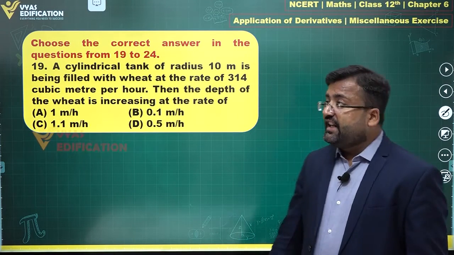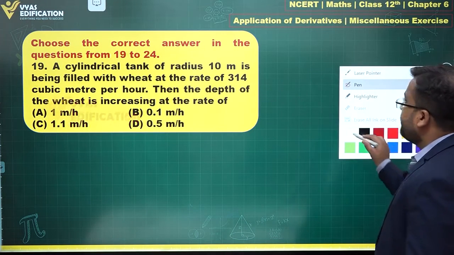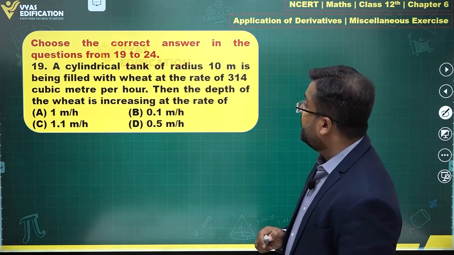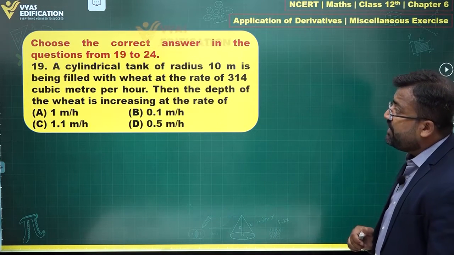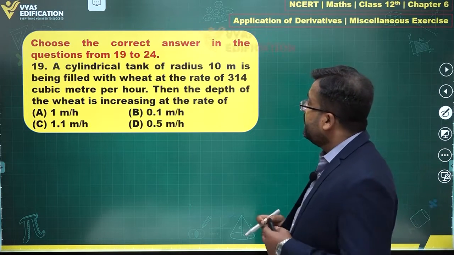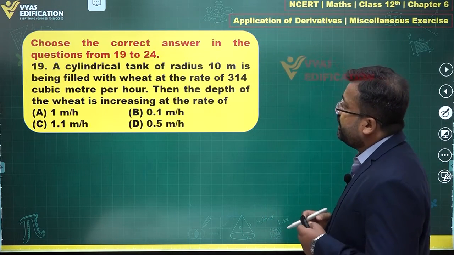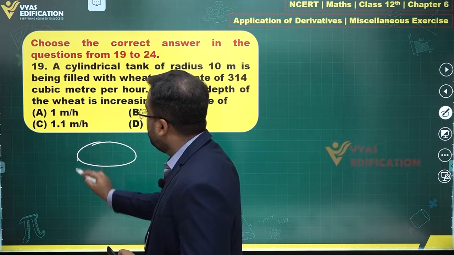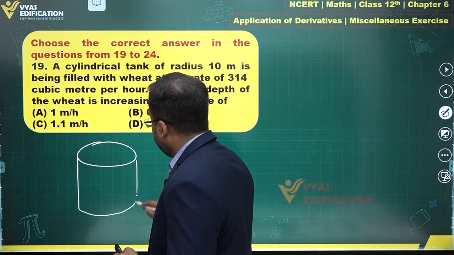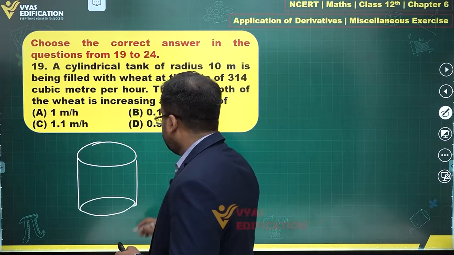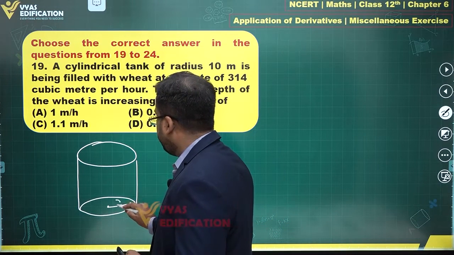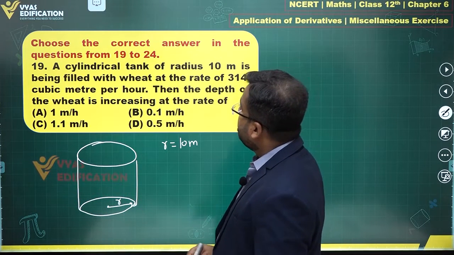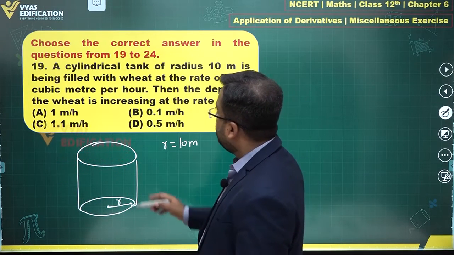Let's talk about the 19th question, which says that a cylindrical tank of radius 10 meter is being filled with wheat at the rate of 314 cubic meter per hour. Then the depth of the wheat is increasing at the rate of, okay. We have a cylindrical tank of radius 10 meter, let's call this radius 10 meter, being filled with wheat at the rate of 314 cubic meter per hour.